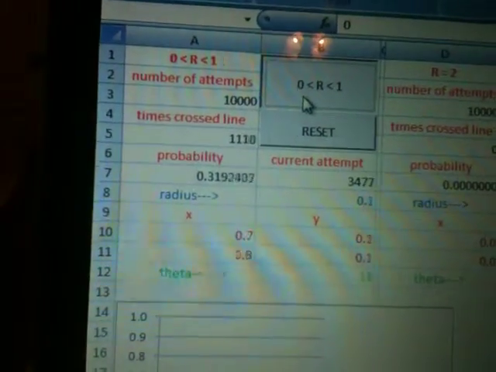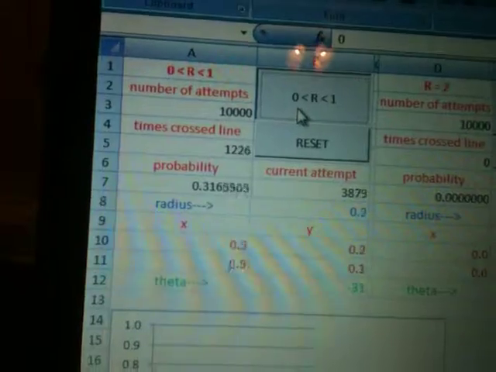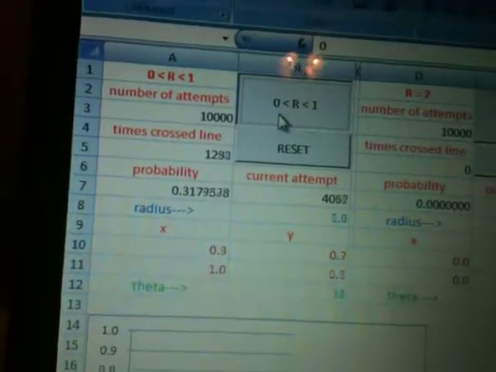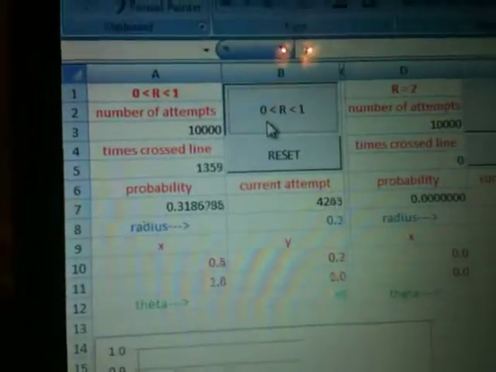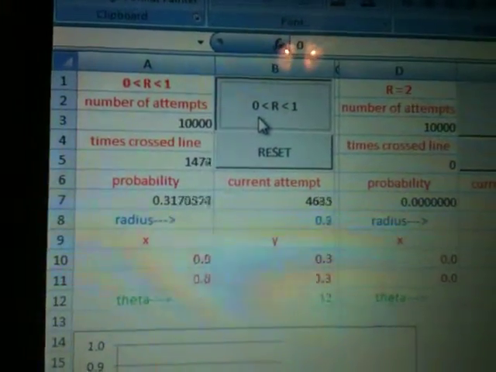And the angle is between 90 and negative 90. So, and this is if the radius is between 0 and 1.